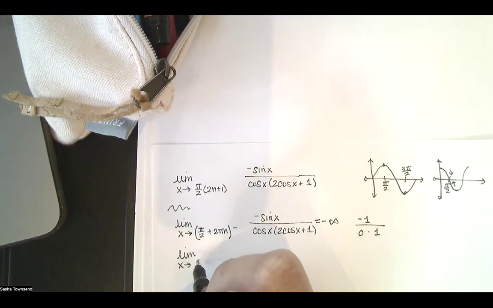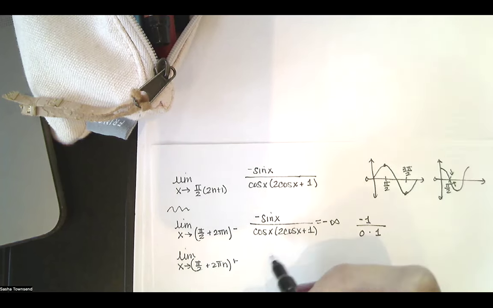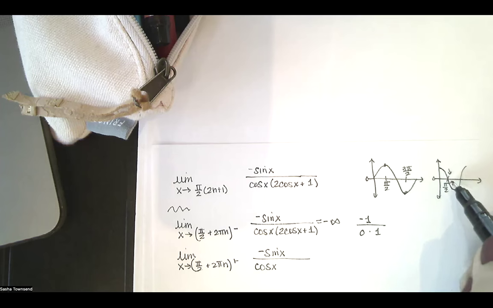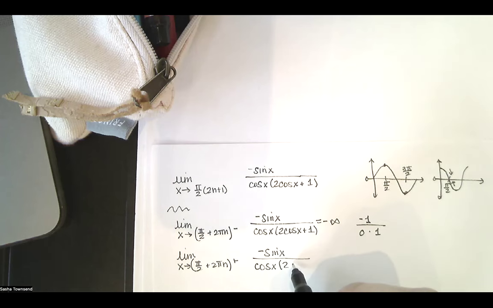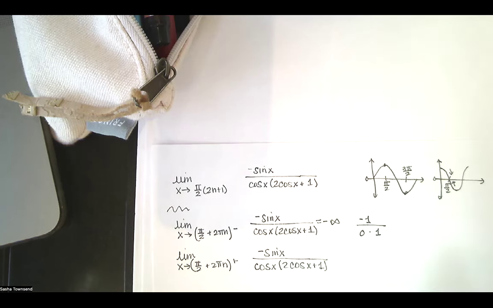And then as we approach pi over 2 from the right, it's going to be very similar. We still have that negative 1 in the numerator. But now instead of dividing by a tiny positive number, we're on the right of pi over 2, so we're dividing by a tiny negative number. So this is a negative divided by a tiny negative number. Negative divided by a negative is a positive. And dividing by a very small number is the same as multiplying by a very large number.